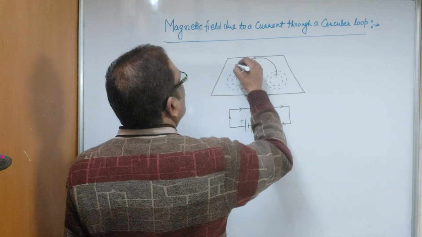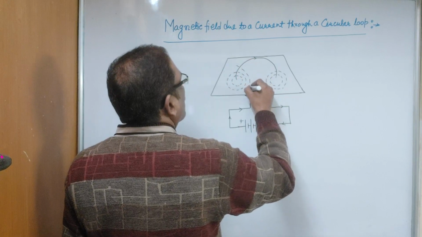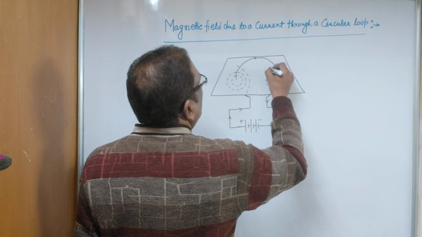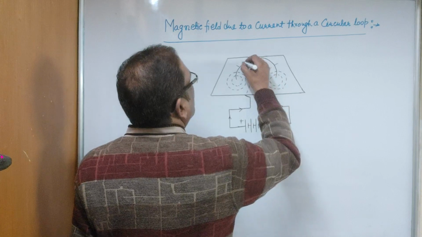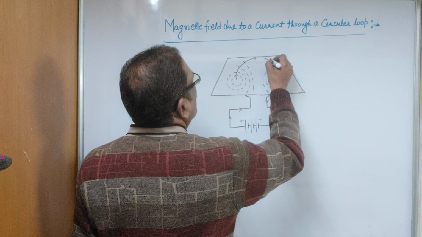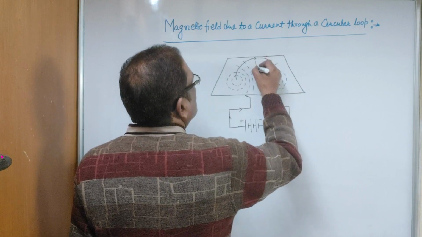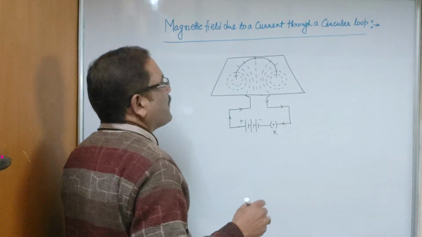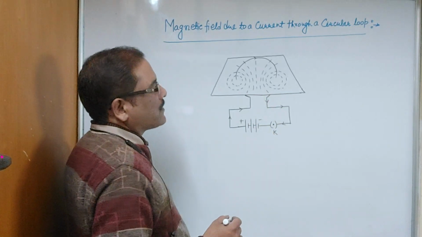As we move away from the wire, the circles are bigger and bigger, and near the center it is almost straight, so it shows that the magnetic field is uniform at the center.